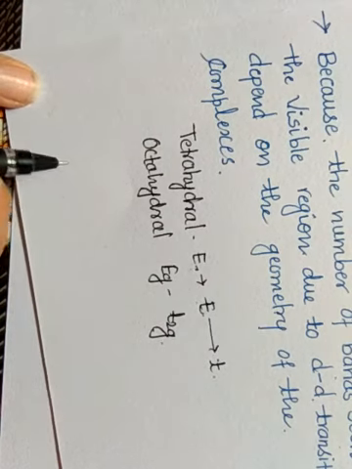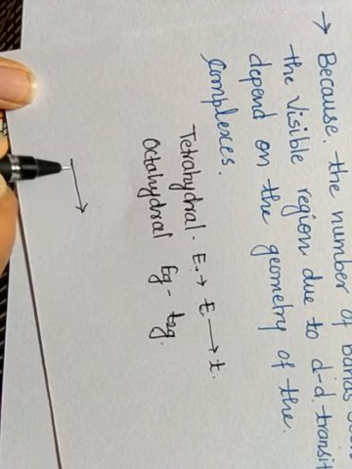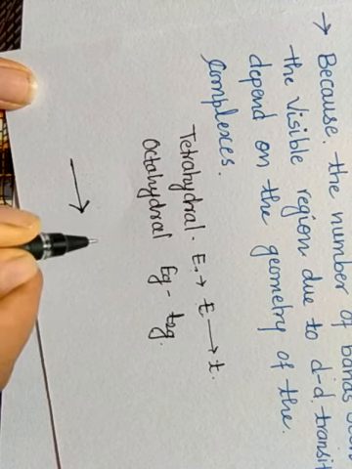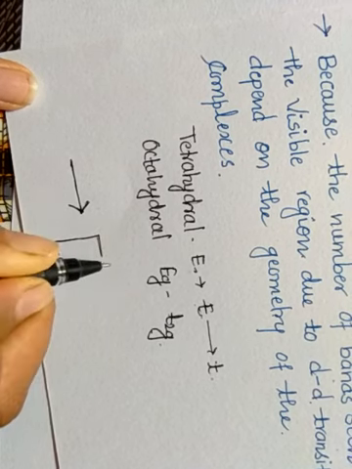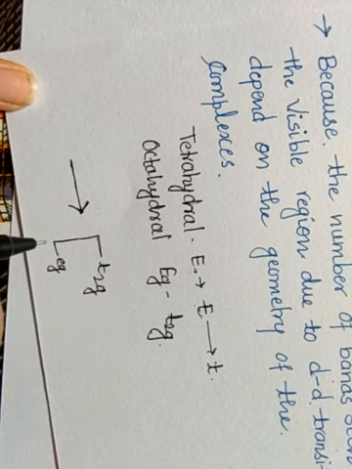But here you already know, if light passes through any particular substance, the d orbital splits into two parts, Eg and T2g. I am discussing octahedral complexes.